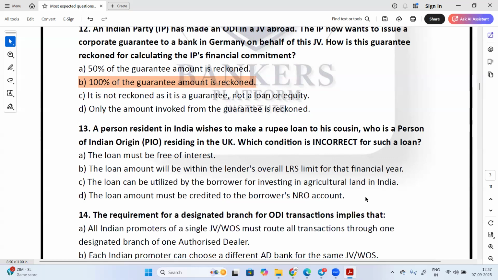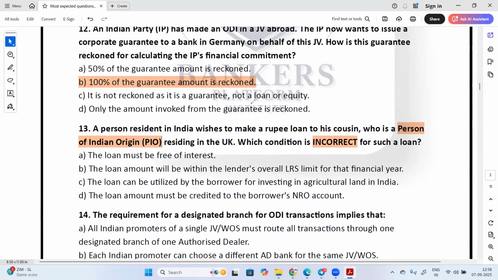So you have to tell which condition is incorrect. This point you have to remember. Sometimes in the exam, if you are not reading the question properly, your answer can be wrong, because sometimes it will be asked which condition is incorrect, sometimes which condition is correct. So you have to read the question properly. And this line, person of Indian origin: many times we see questions asked from this topic.